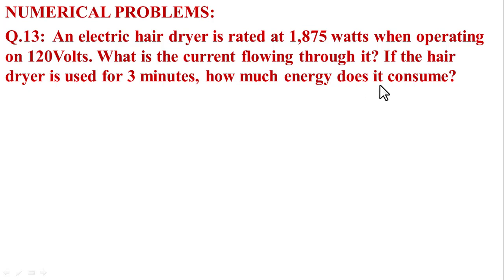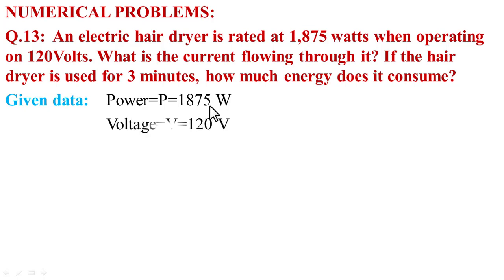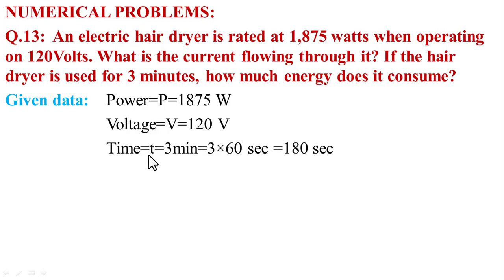According to the given statement, first of all, write the given data. In given data, power P is equal to 1875 volt and voltage V is equal to 120 volt. Now, time T is equal to 3 minutes.